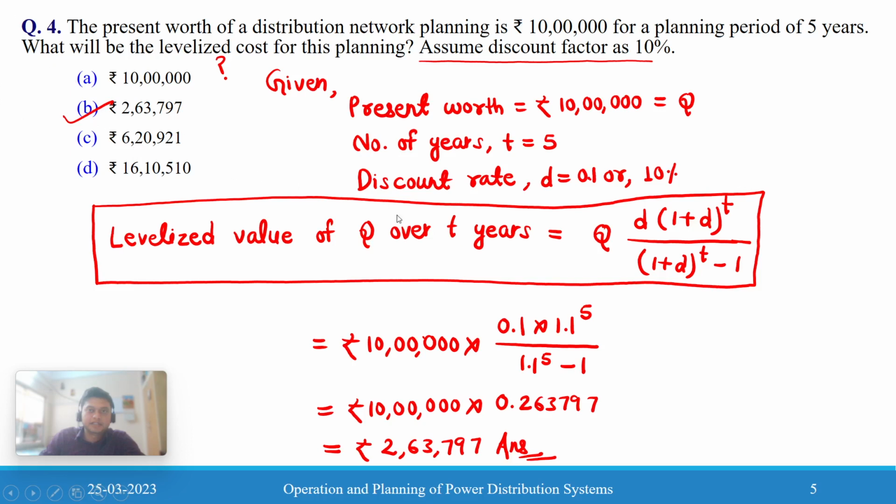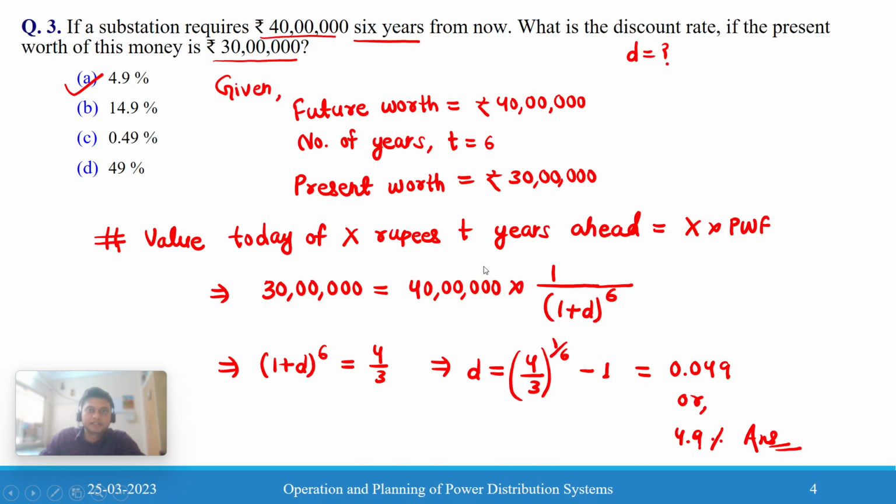So these problems are based on the expression. If you know this expression, then you can solve the problem. These two expressions are very important: the levelized value of money, and how you relate present worth and future worth using the present worth factor.